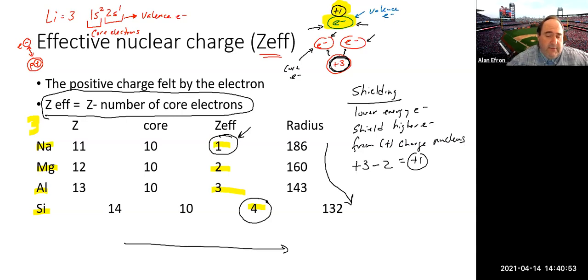Silicon's valence electron is feeling more of a +4 charge. Again, that greater effective nuclear charge as you go to the right is going to bring the outside electrons, even though they're further away, in even closer. So the overall size of the atom tends to shrink as a result of that.